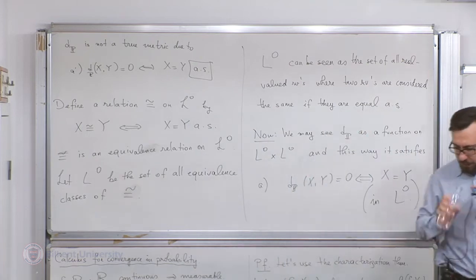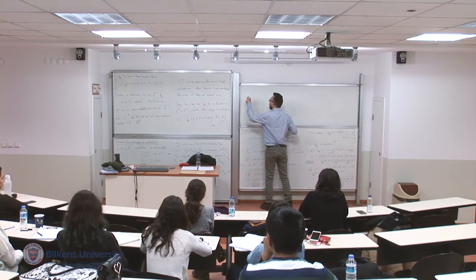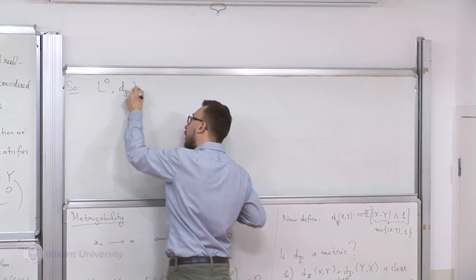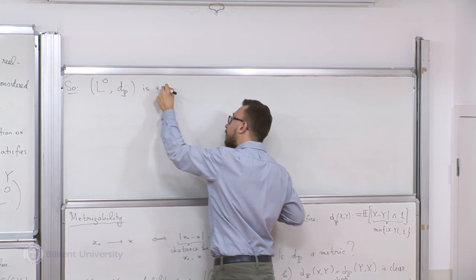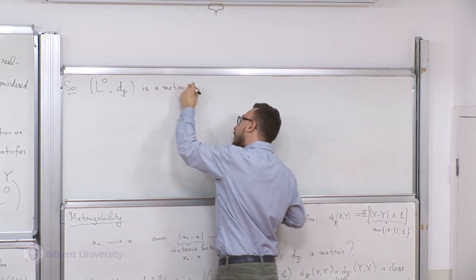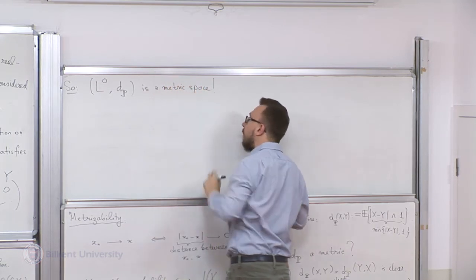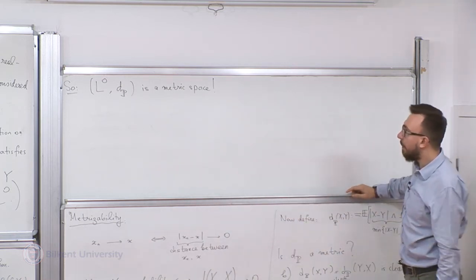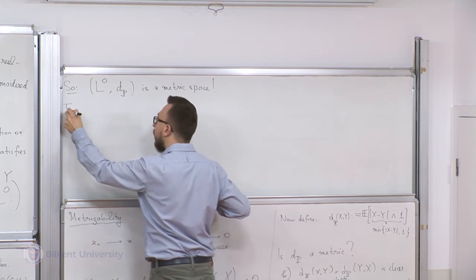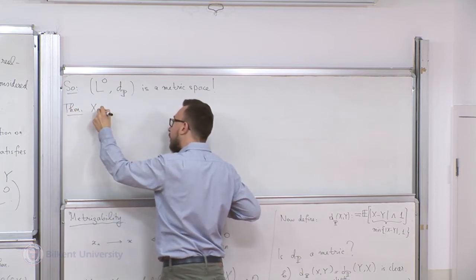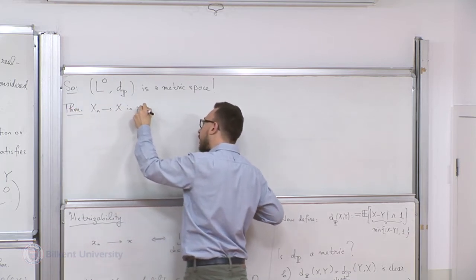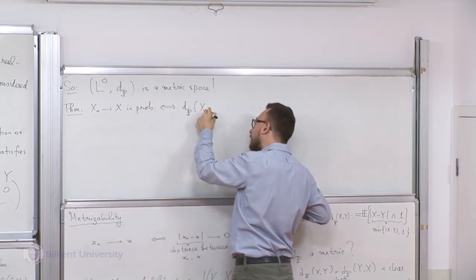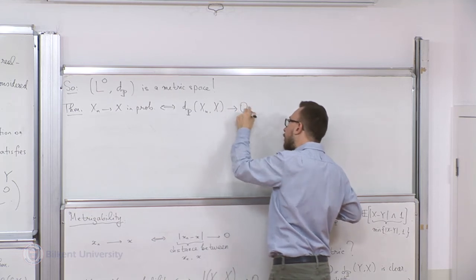Okay. So the whole point of doing that is that now we have a metric space. A, B, C are all satisfied. And even we have that xn converges to x in probability if and only if the distance between xn and x converges to 0.